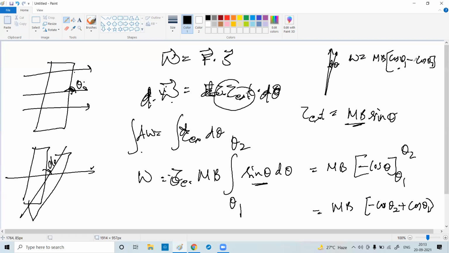Clear? So this is the total work done in getting the dipole aligned in the magnetic field. So here we will understand different cases. Okay, so first case.